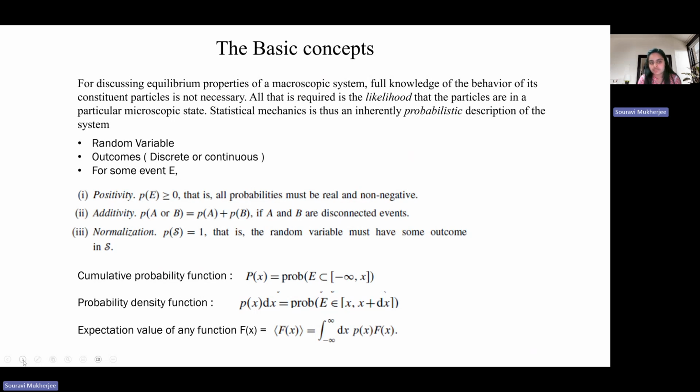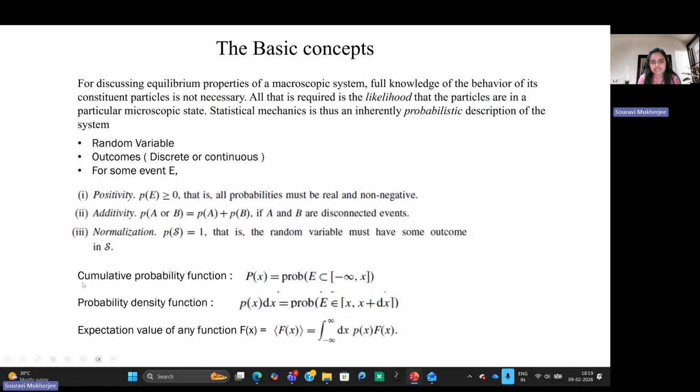While if you define probability density function, then we are looking at what is the probability that your outcome lies between x and x plus dx. So that's how you define the two.